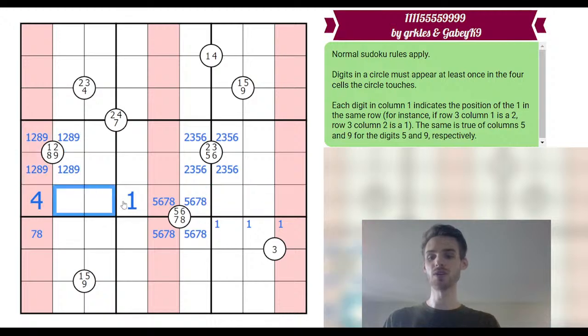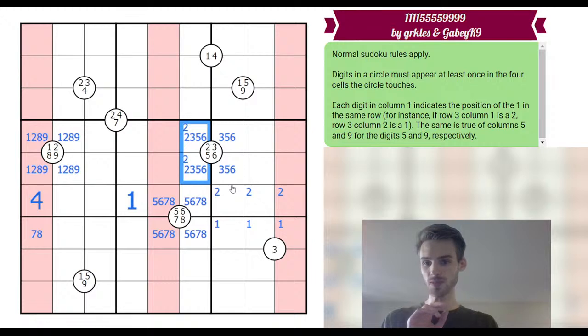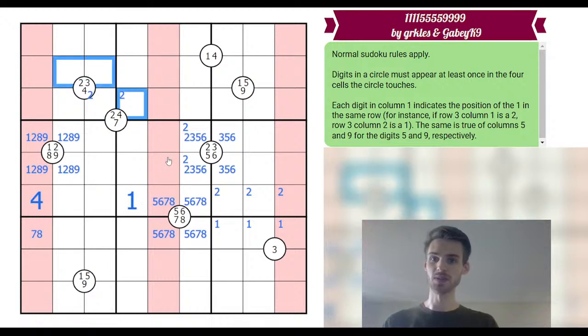So the 2 in row 6 must be over here, which means there's no 2 over here, which means there is a 2 in that part, which means there's no 2 here. There's definitely no 2 here because of this, but you can also think about it as these are aligning, so there's no 2 in here, which means there is a 2 in one of these 2. Now this could still be a 2 because there's a 2 in this quadruple, and this could still be a 2 because there could be a 2 up there. So I'm not sure we get anything from that yet.